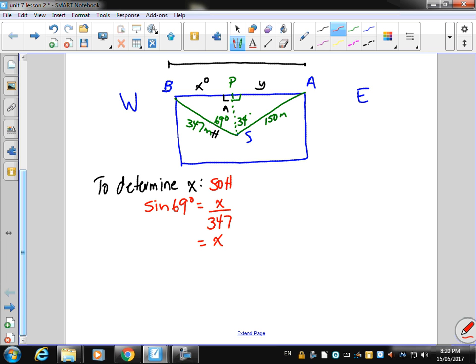To solve for x, I'm going to multiply both sides by 347. So x equals 347 times sine 69. Okay, still checking that it's in degree mode. 347 times sine 69 is approximately 324. I also want to determine the length of y.